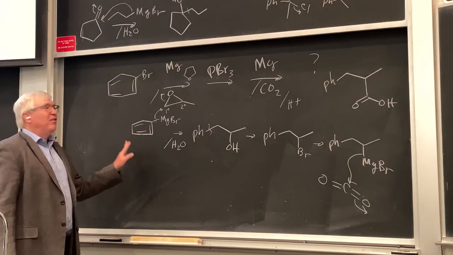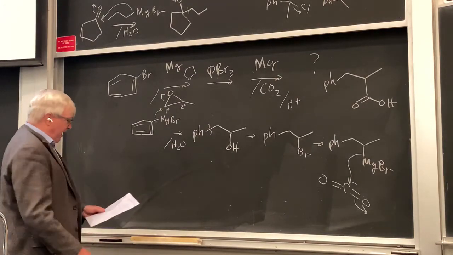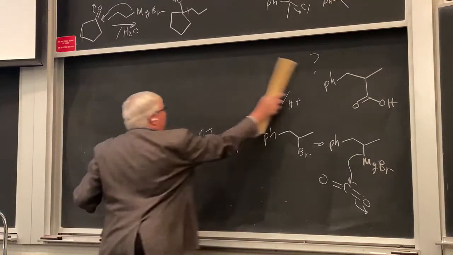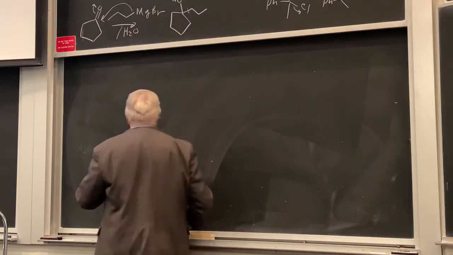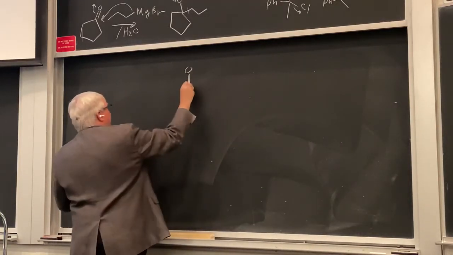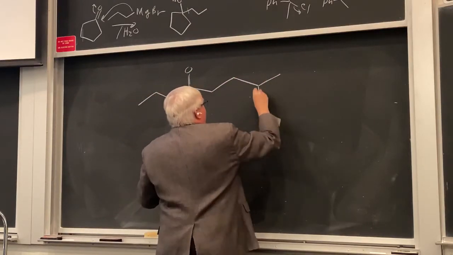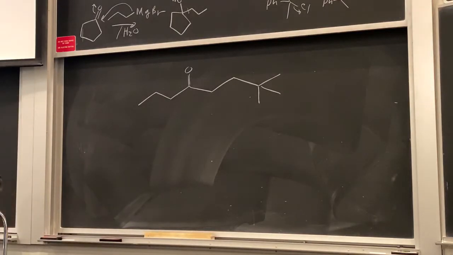Tougher problem, and I'm showing it in the forward direction, okay? Let's look at a couple here in the reverse direction. So this is more of a synthetic planning thing again here. How about this? And let's make this from alcohols, 4 carbons and less, okay?